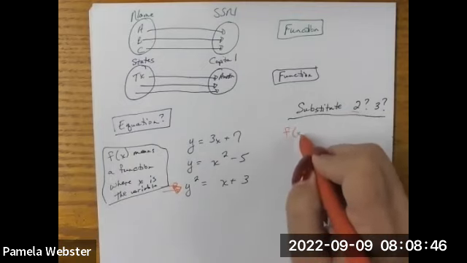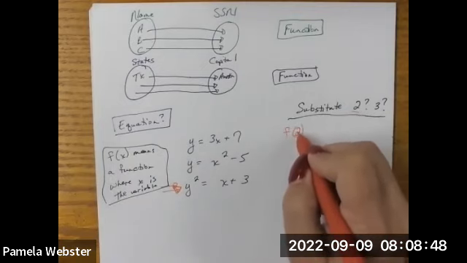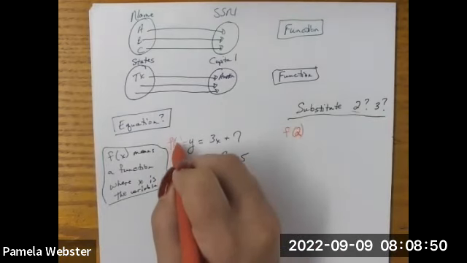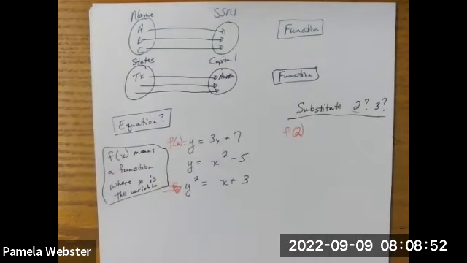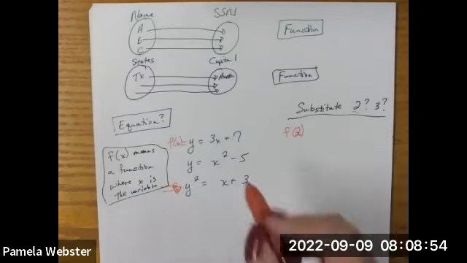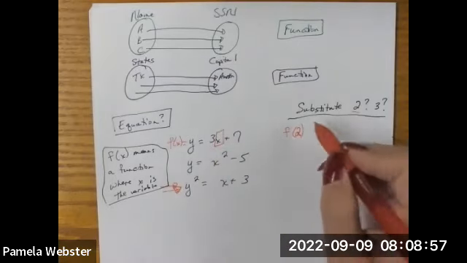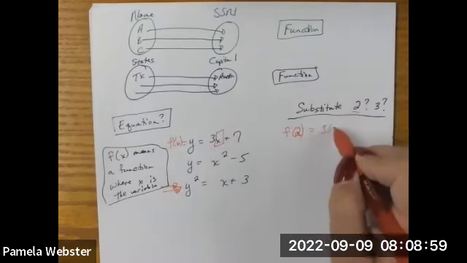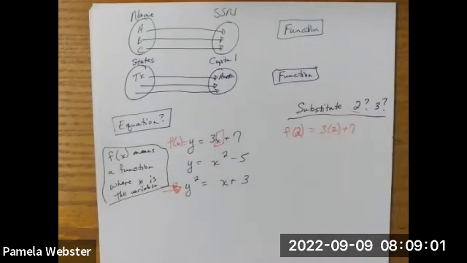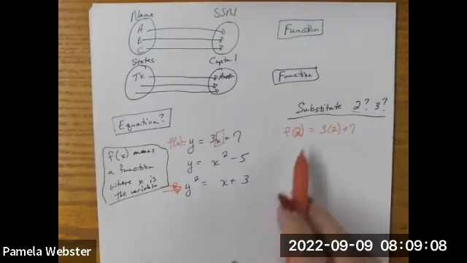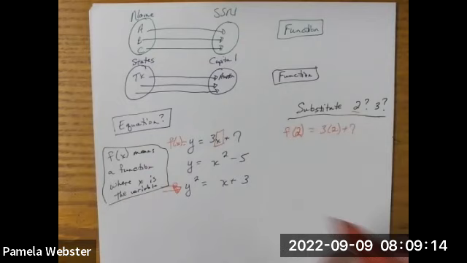So when I do this, I'm going to substitute in 2. If this is my function, the y at the beginning, then I'm going to put in a 2, which means everywhere I see an x, I'm going to substitute in a 2. 3 times 2 plus 7. That's the math going on here. By the way, anytime you see this function notation, if you don't like it, you can mark it out and say that's a y.